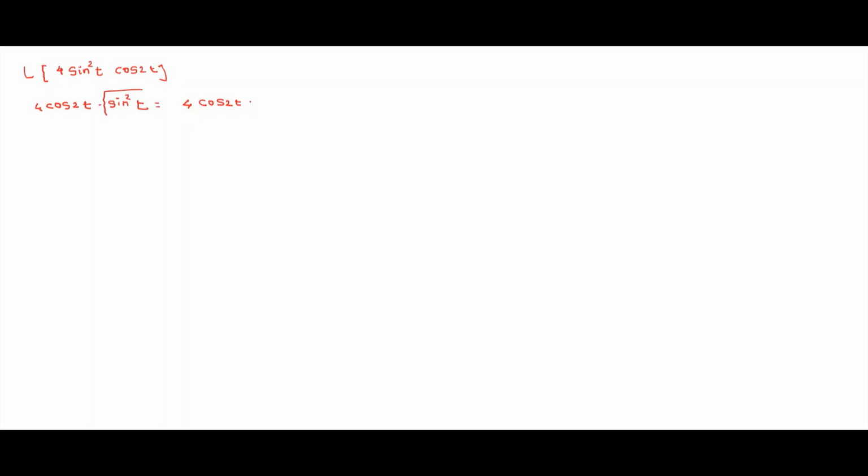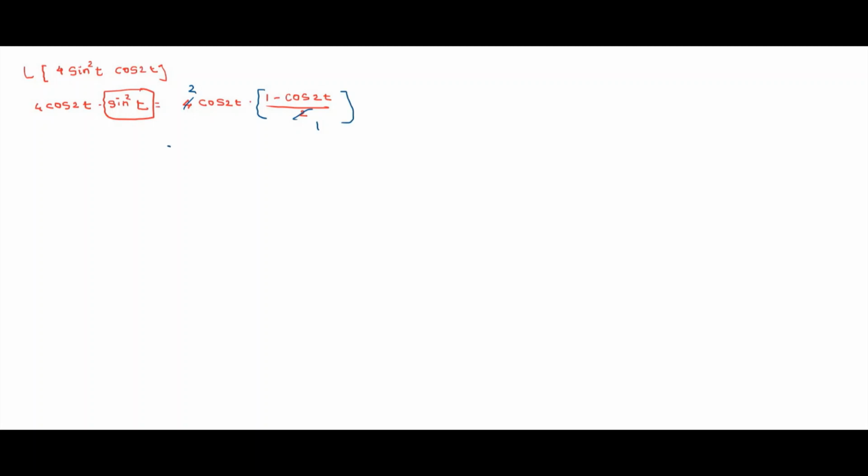The formula for sine square t is (1 minus cos 2t) divided by 2. Here the 2 and 2 get cancelled.